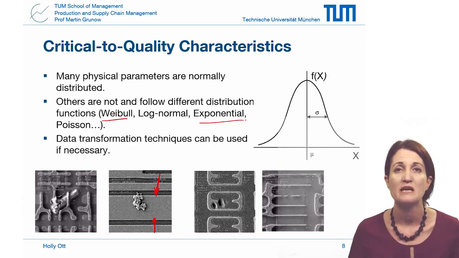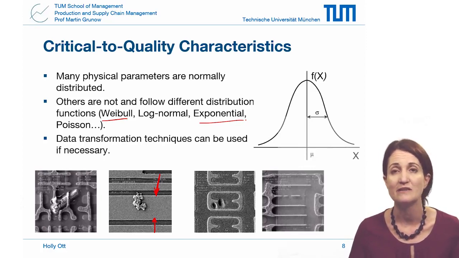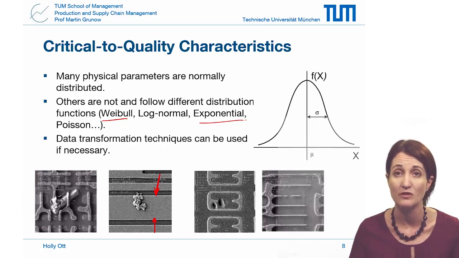And these you can identify either because you are very familiar with these processes and you know that they follow these types of distributions, or you can look at the data, see if your histogram is skewed, see if you have some kind of natural process limit that's often zero, that doesn't ever go below zero, for example, or some kind of time dependence.